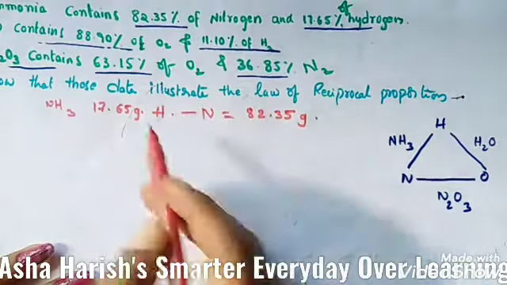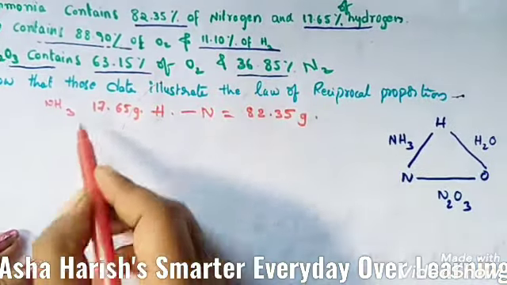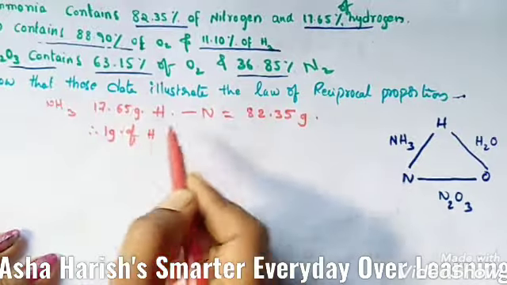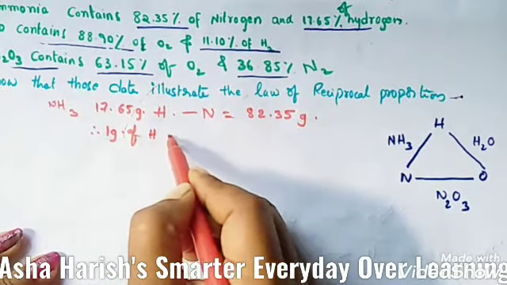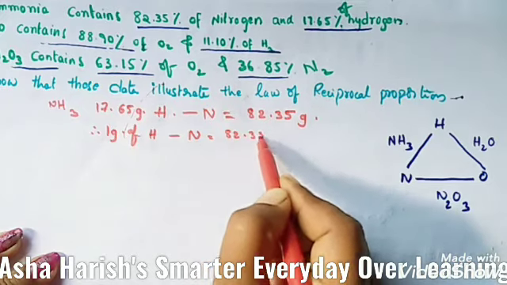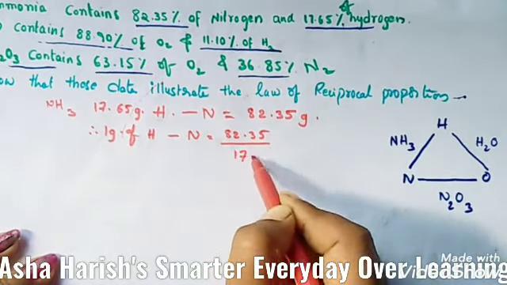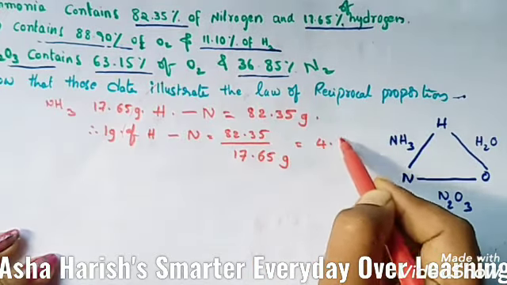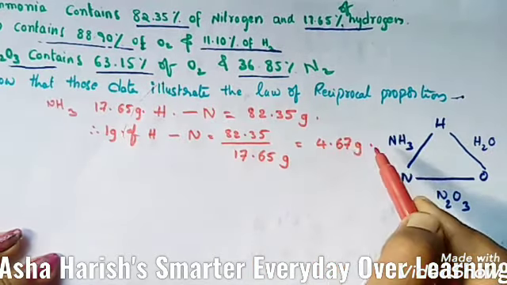Based upon this data, we can conclude that the mass of nitrogen combined with 1 gram of hydrogen is equal to 82.35 by 17.65 grams, that is equal to 4.67 grams.